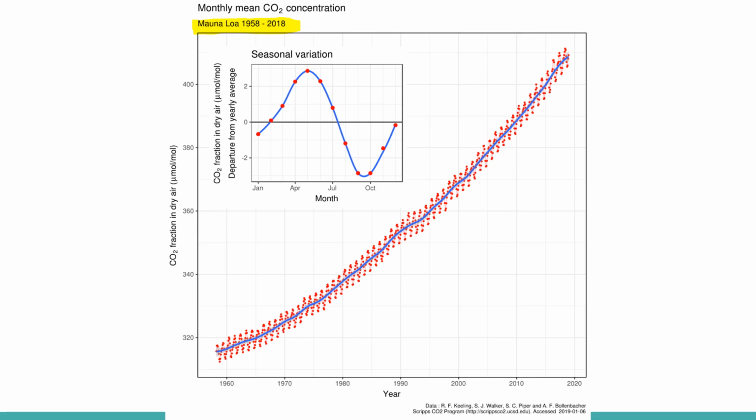Now what they did is they measured this curve, and you see the blue curve, the shape of the blue curve, and this blue curve is a mean over 1 year. But if you look within 1 year, you see that the dots within 1 year are not really constant. They're going up and down. What's the reason?